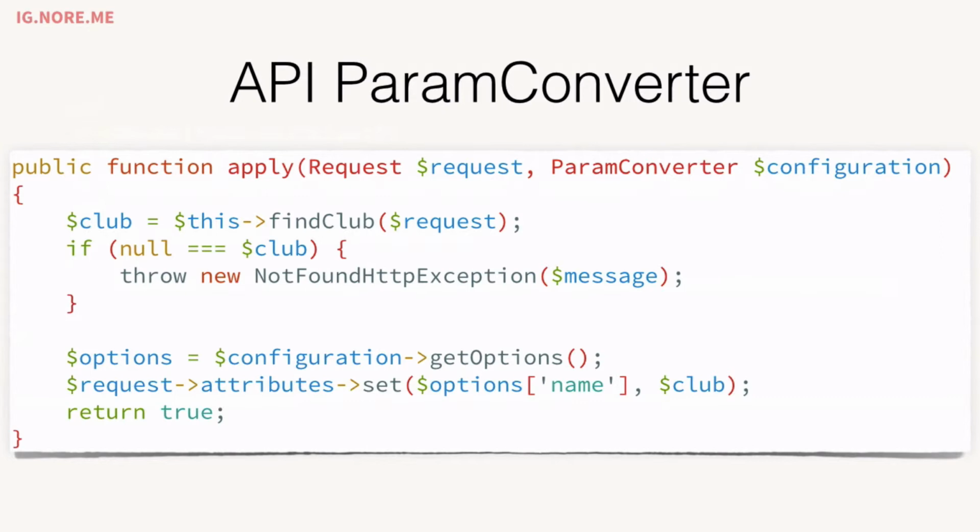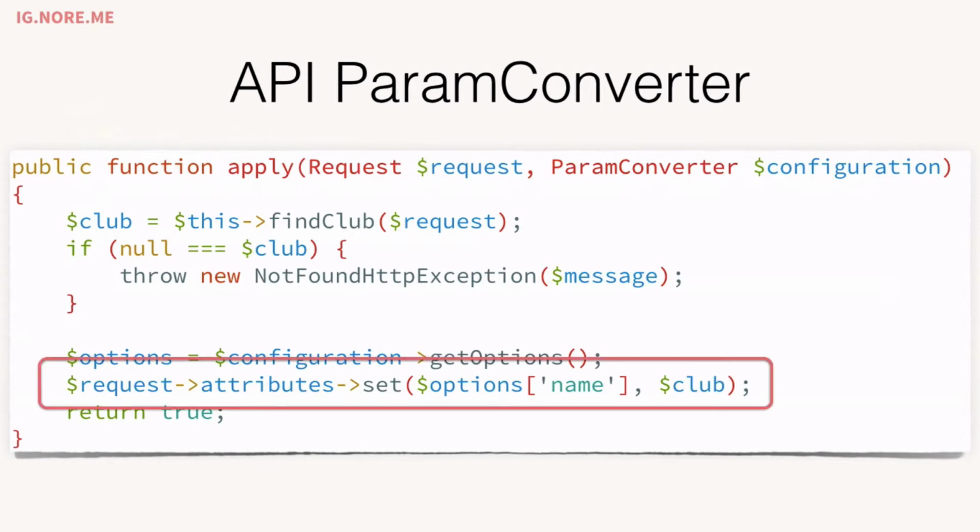If it doesn't find it, it will throw an exception. This exception, as it happens, would further on be caught and transformed into a more JSON-friendly version of the same exception. Now, however, if it is found, it will then be set inside the request attribute.